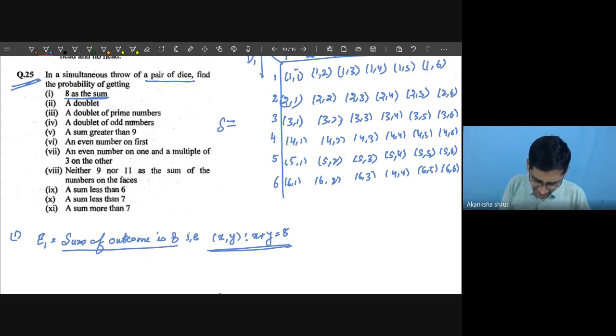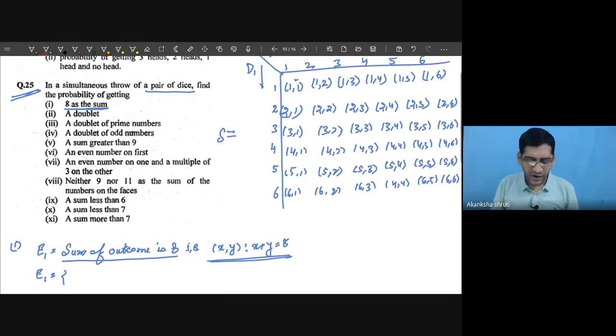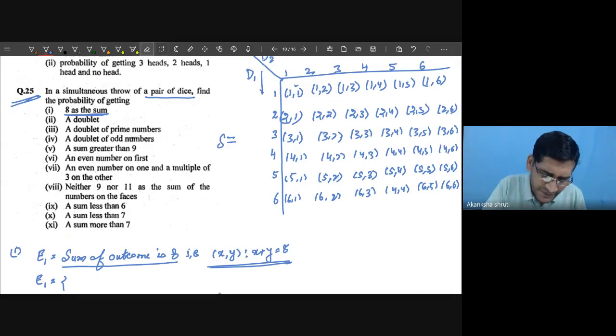Now we have to make this event a set. So we shall choose X and Y such that their sum is 8. Now observe this sample space carefully. Can we take this first one, 1 and 1? 1 plus 1 can give us 2 only.